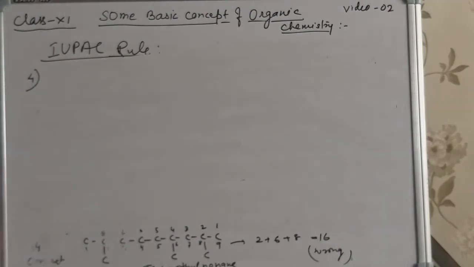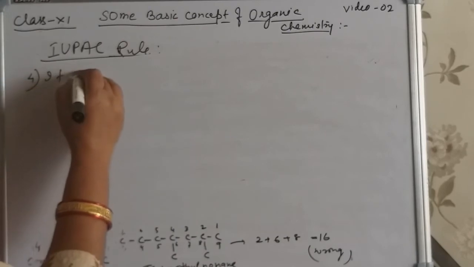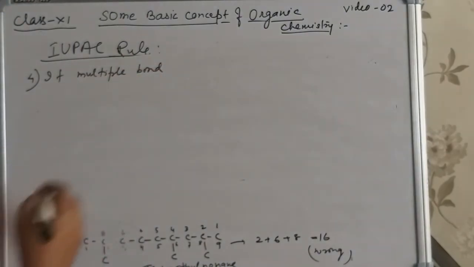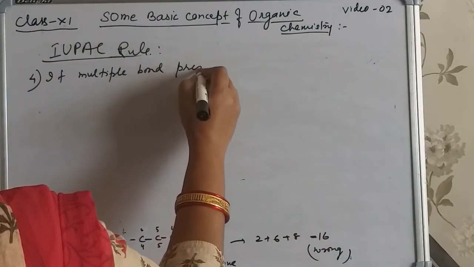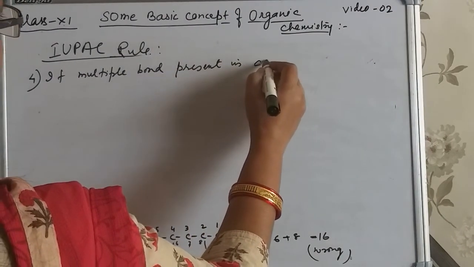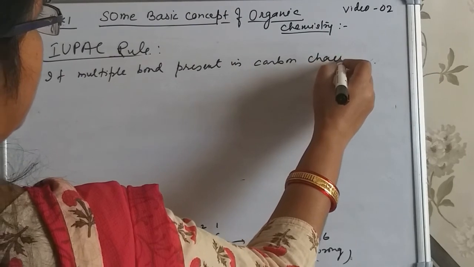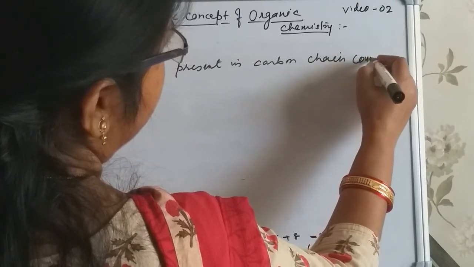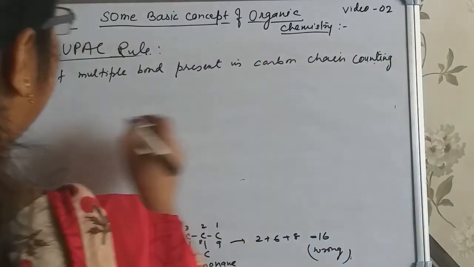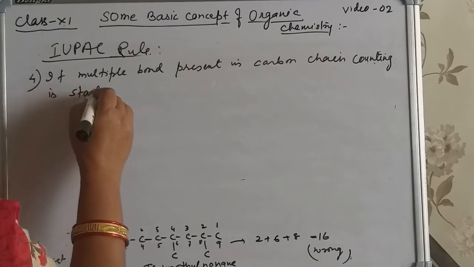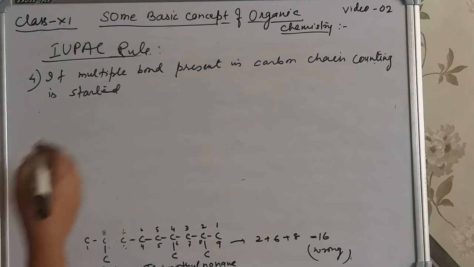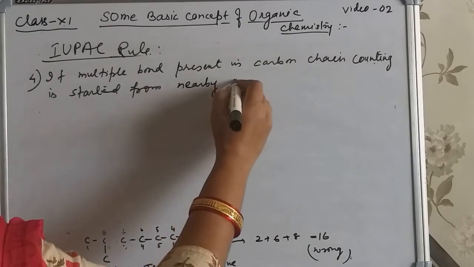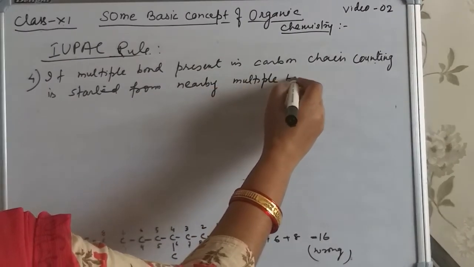Rule number 4 says that if a multiple bond is present in a carbon chain, counting is started from the end nearby the multiple bond.